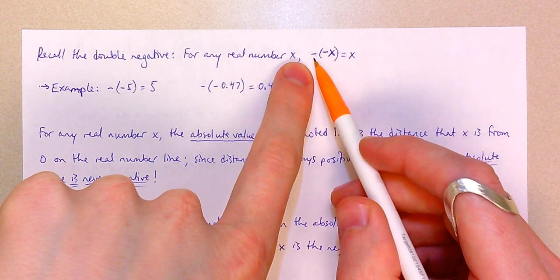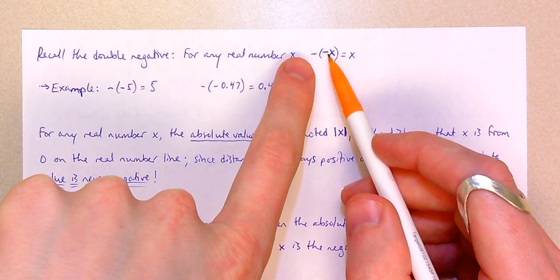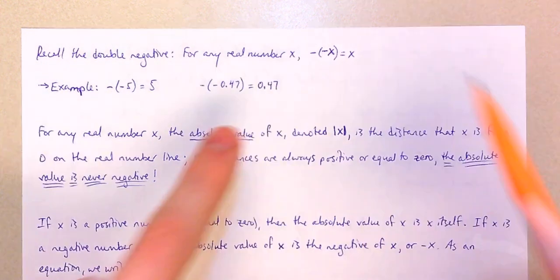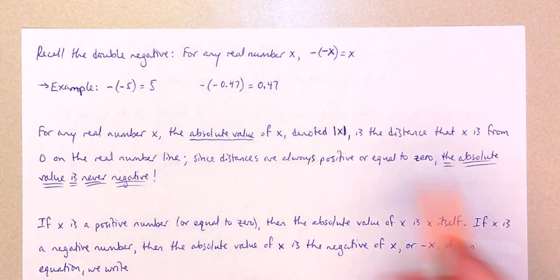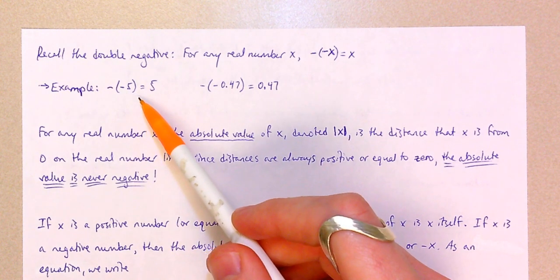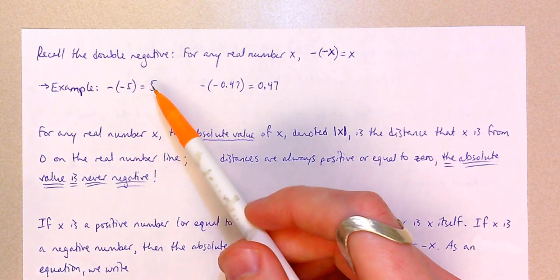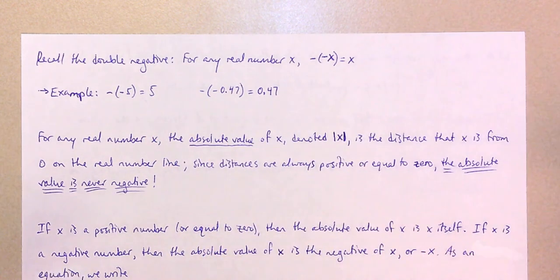So if you see a minus times a minus, the minuses combine and they form a plus. So if I have minus a negative 5, that's the same thing as positive 5. If I have minus a negative 0.47, that's just a positive 0.47.